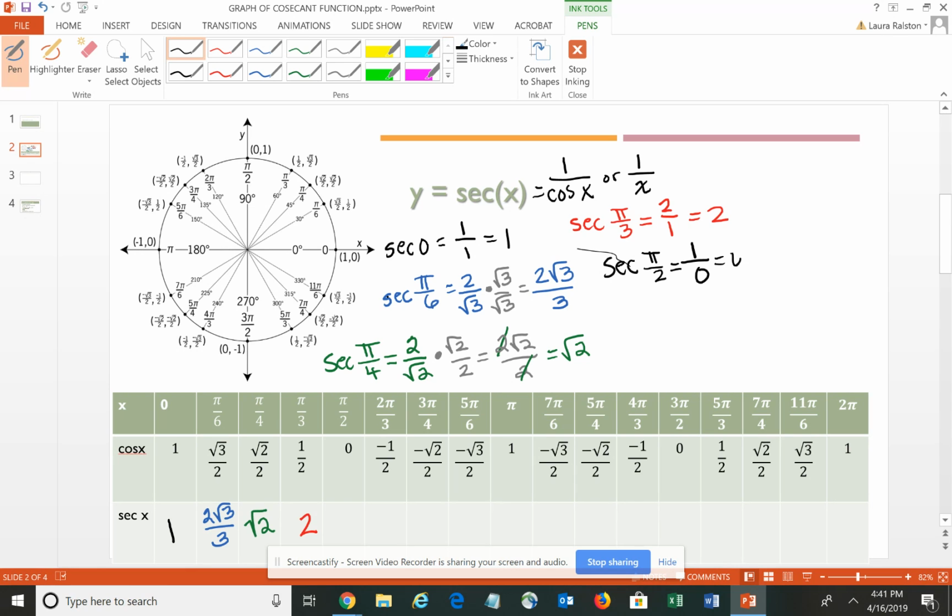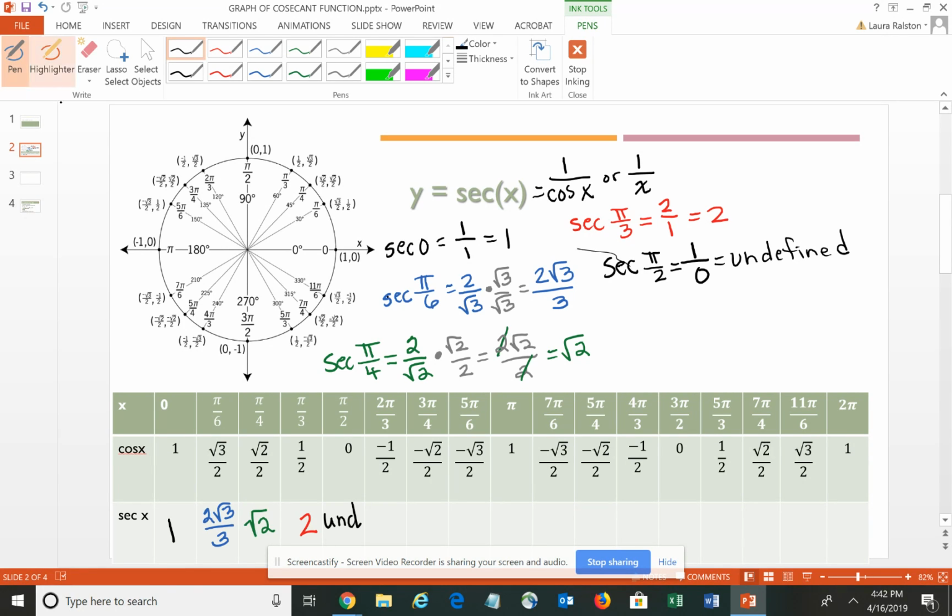We've talked about that several times already, that presents us with a problem because our function becomes undefined at that value, because you cannot have 0 in the denominator of the function.